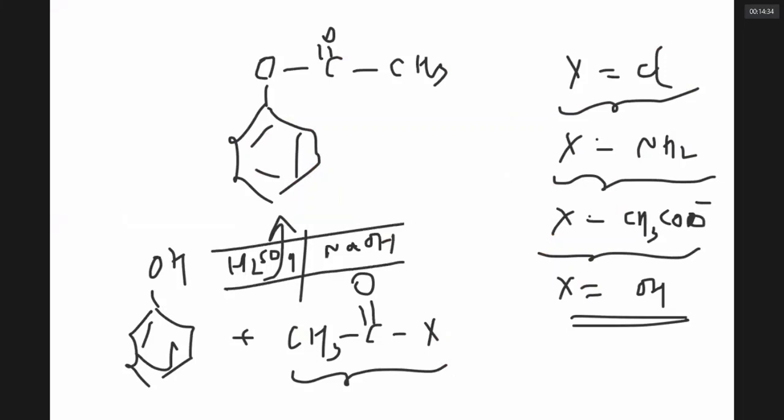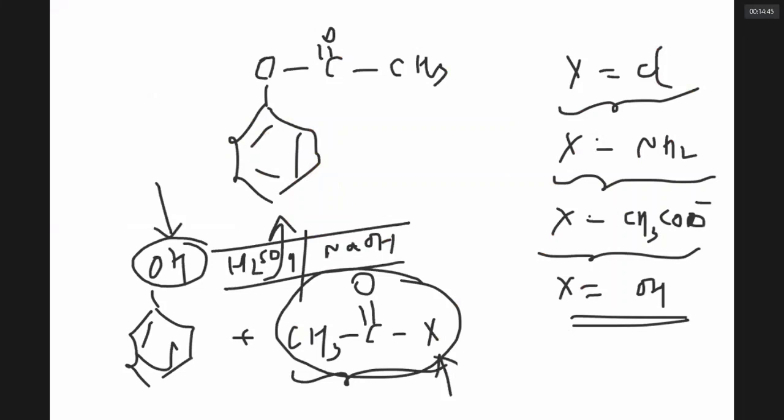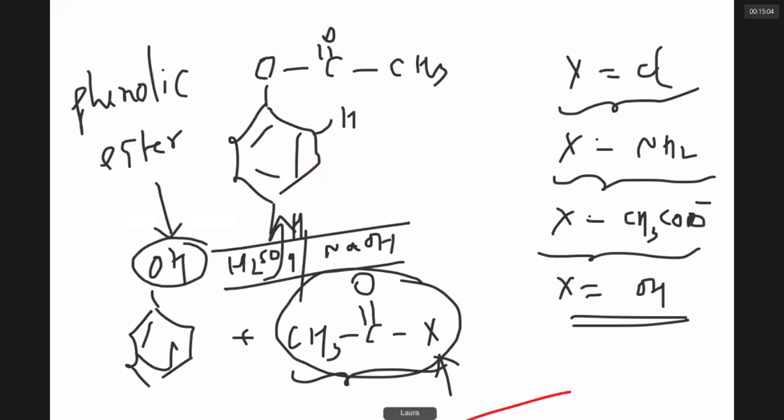In esterification reaction, alcohol and the carboxylic acid derivative combine together. The H of alcohol or phenol and the X of the acid derivative will be removed as HX. So the O will bind to COR. So it is called a phenolic ester.